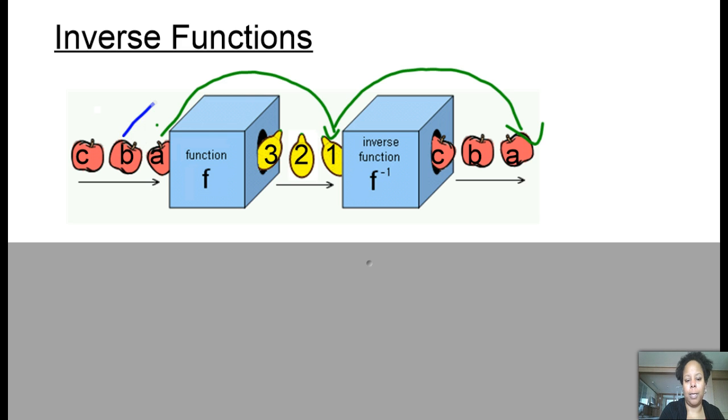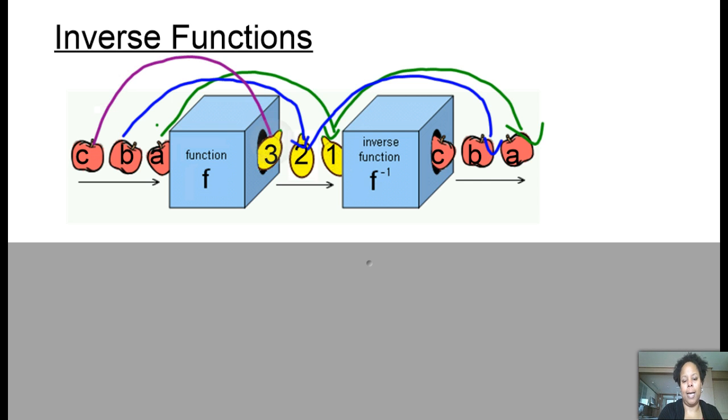The second apple into function f was B, and it resulted in lemon 2, and then the inverse function took lemon 2 and outputted apple B. Do you see a pattern? Let's see. Apple C goes into f and comes out as lemon 3. Lemon 3 goes into f inverse and comes out as apple C.